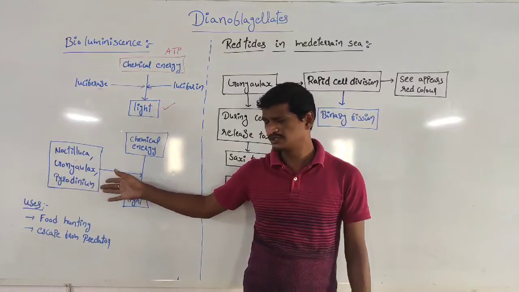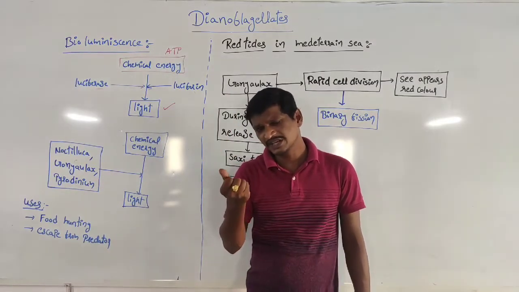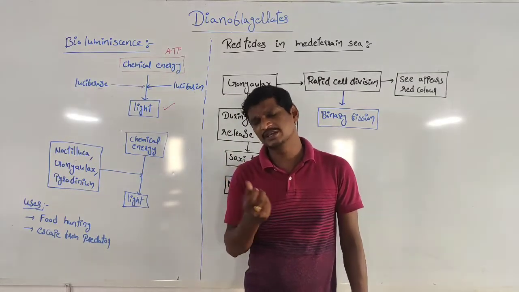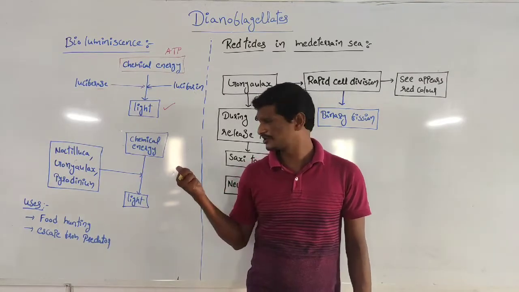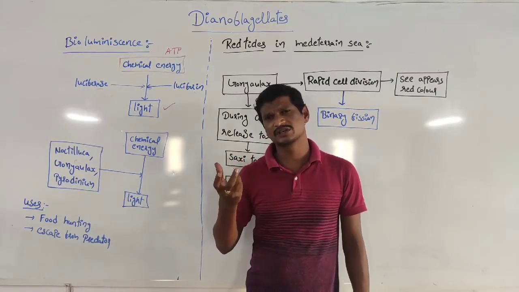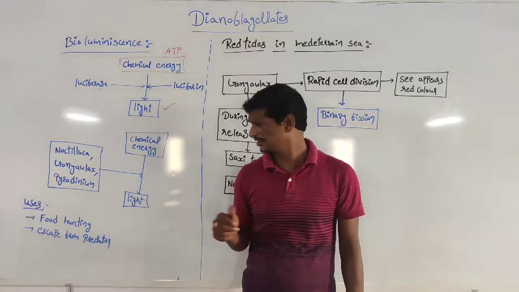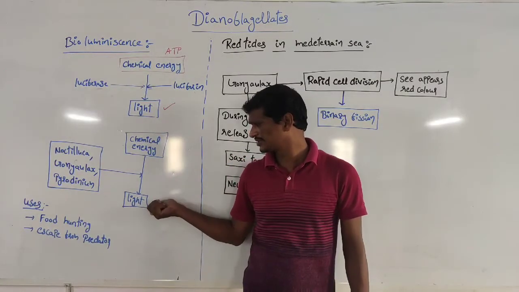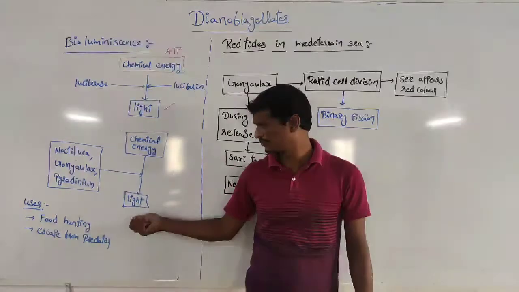All these organisms also emit light. So the presence of those pigments determines the type of color emitted. Suppose the organism naturally has a red color, in the presence of light, a very glorious red light will be produced. So that is about the chemical substances and light, and these are the organisms which produce the light.